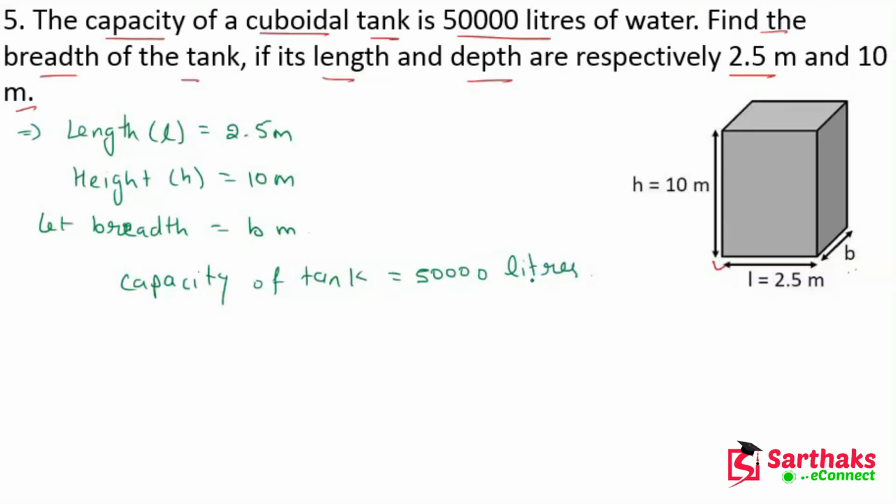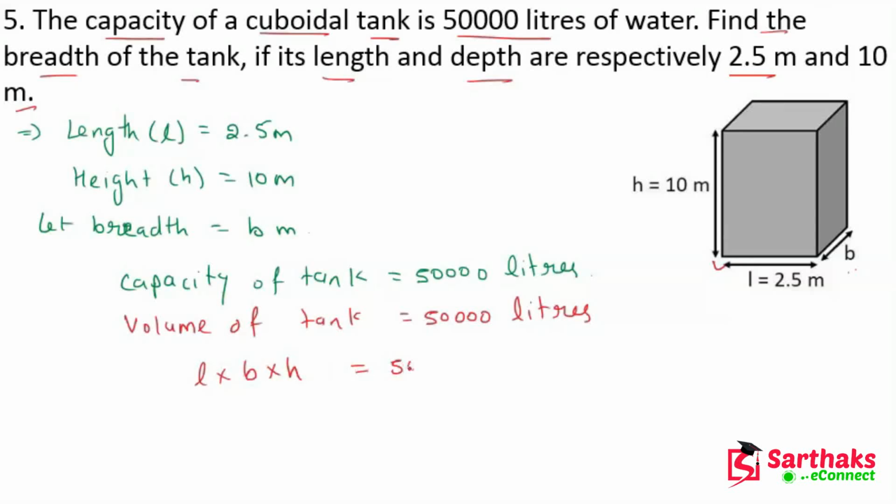Now we have to convert it into meter cube, so we have to divide it by 1000. The volume of the tank, or volume of cuboid, is equal to 50,000 liters, and here we have length into breadth into height.